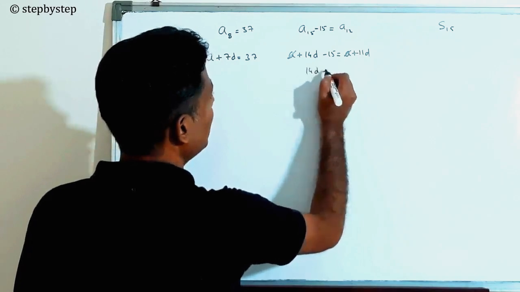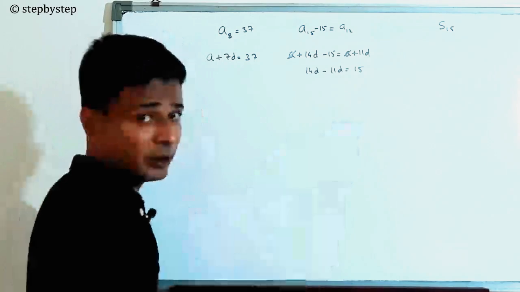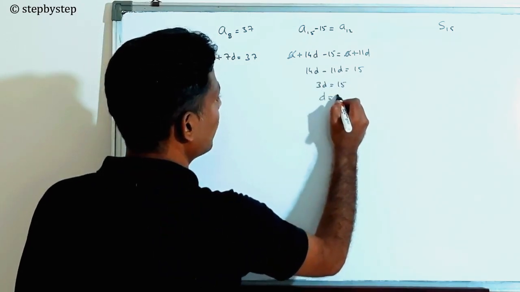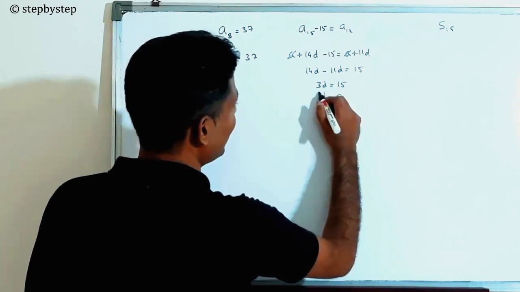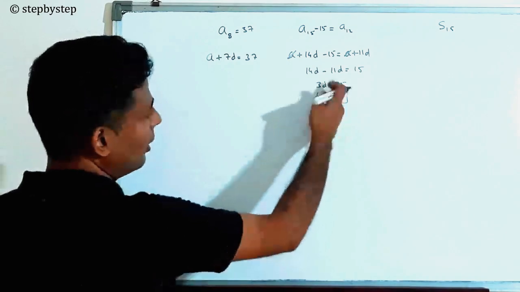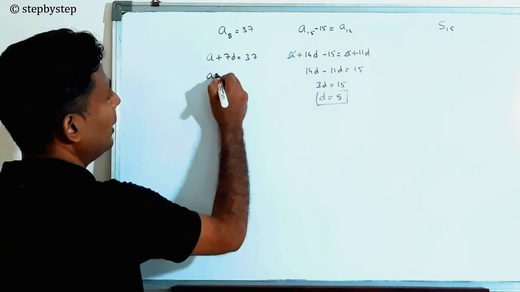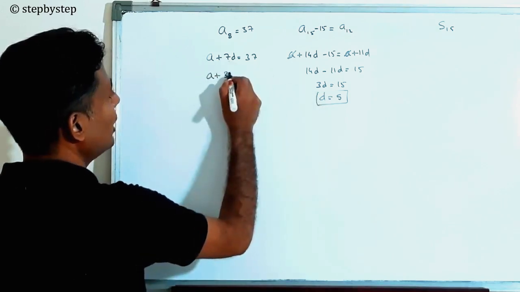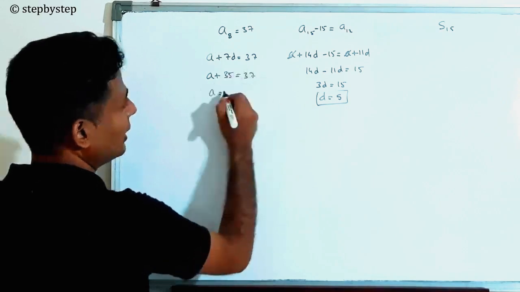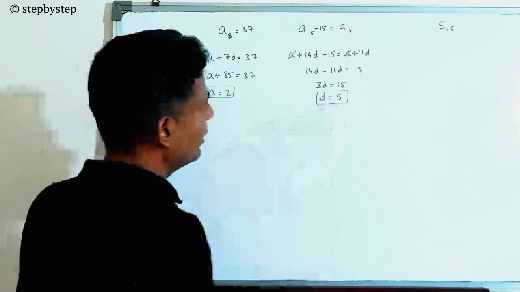So I get 14d minus 11d equal to plus 15. 3d equal to 15, d equal to 15 by 3, that is 5. So we didn't even need to use the elimination method. Since a got cancelled, we already got the value of d. Substituting in this, a plus 7 into 5, 35 equal to 37. a equal to 37 minus 35, that is 2. So we found a and d.